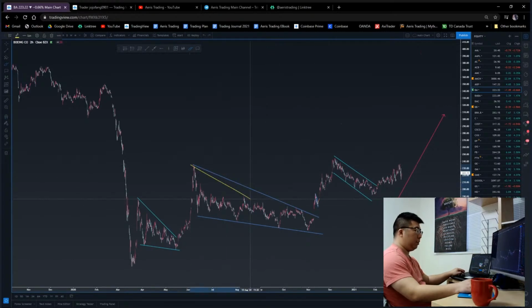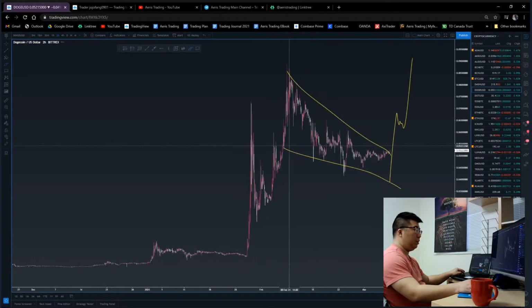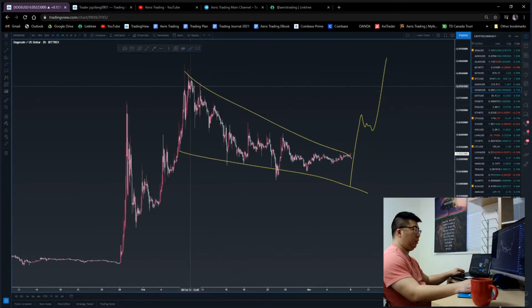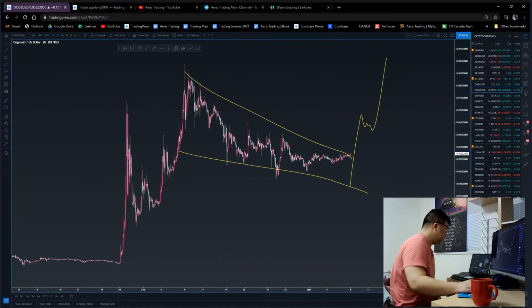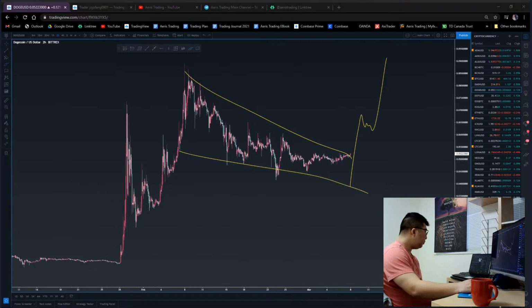But this deeper, longer correction can go on forever before the next up move happens, right? So it's very similar to Doge in terms of price action. You have a push up, and you're just going to have a longer period of consolidation. Okay, so that's what I see on them.